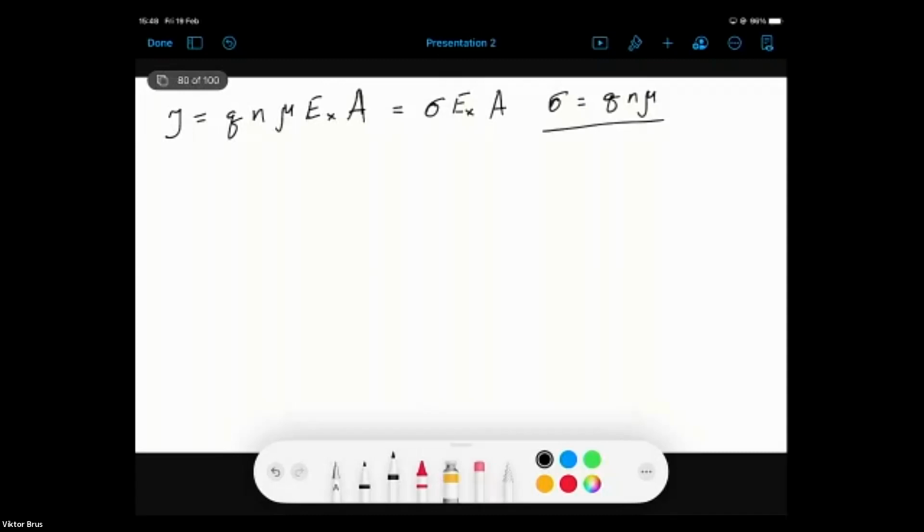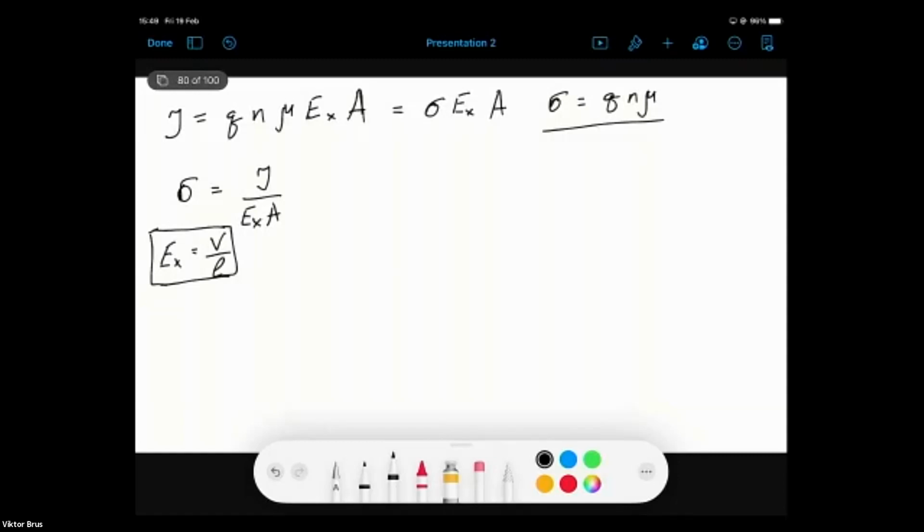If we measure current versus the electric field which causes this current, and that is the potential difference between the edges of the conductor divided by its length, we can write that sigma is equal to electric current divided by electric field in this direction x and divided by area A. Let's highlight this: EX is equal to V, the potential difference between edges, divided by L, which is the length of the conductor. So I just put it here as a reference.